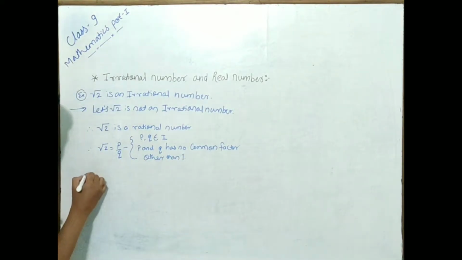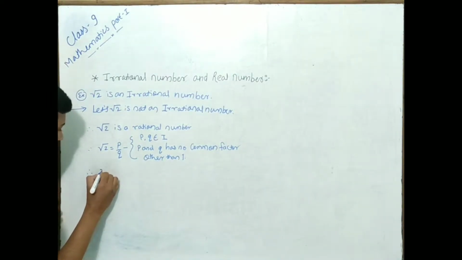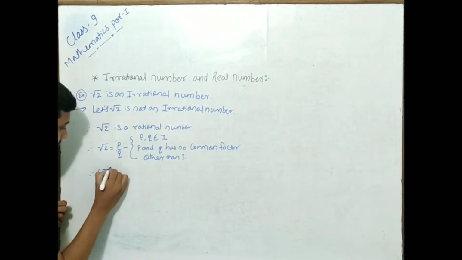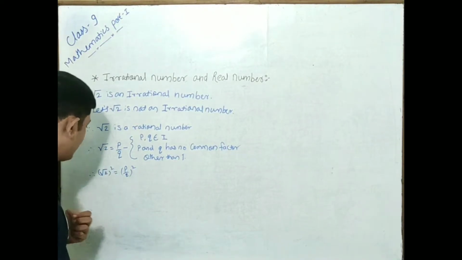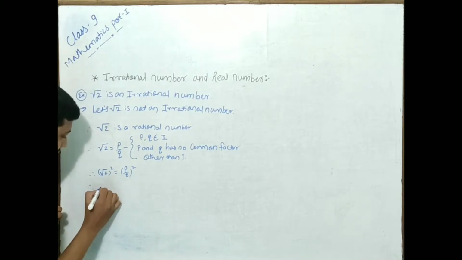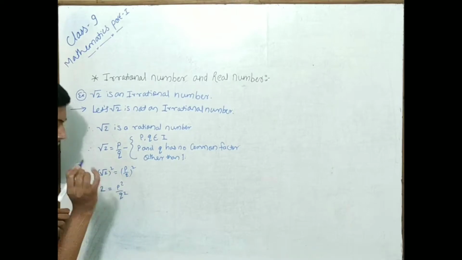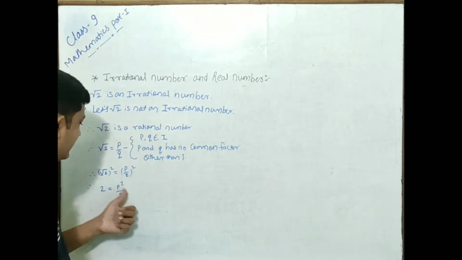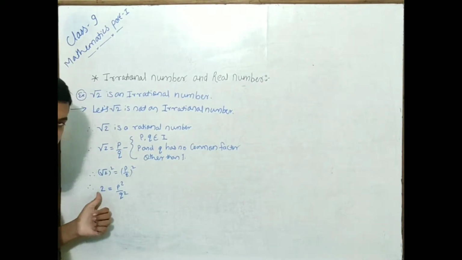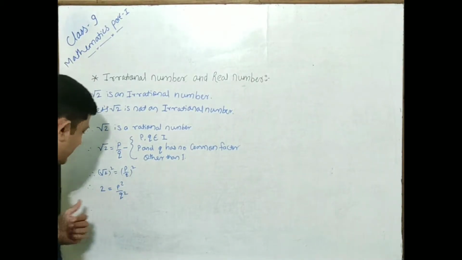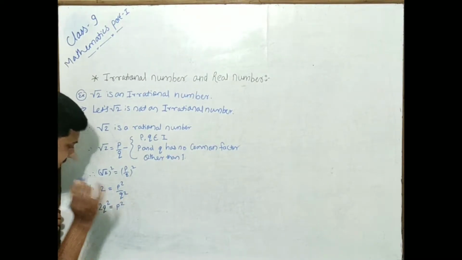Then if we square both sides, we get root 2 square equals (p upon q) whole square. Therefore it becomes 2 equals p square upon q square. Q is in the denominator, when it transposes to the LHS, we get 2 times q square equals p square.